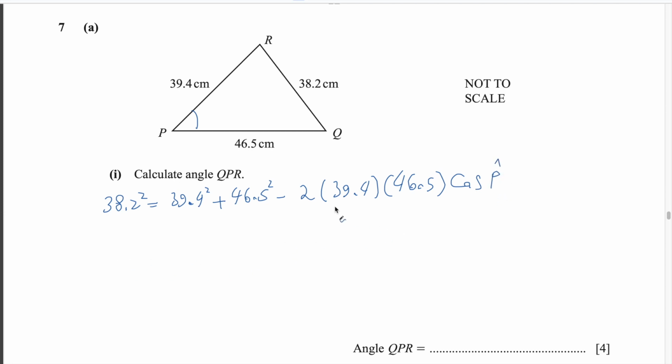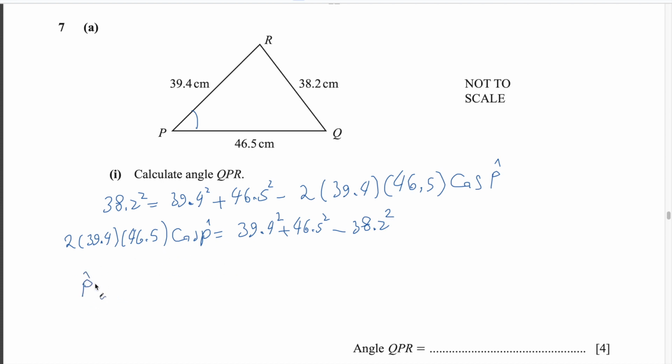So I transfer to the other side. Cosine of P is (39.4 squared plus 46.5 squared minus 38.2 squared) over 2 times 39.4 times 46.5. I divide both sides by this number, then I take cosine inverse.